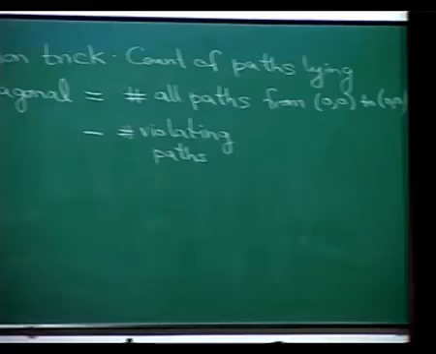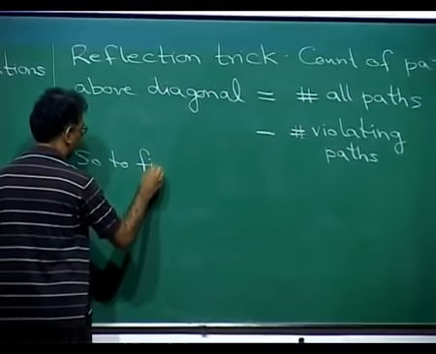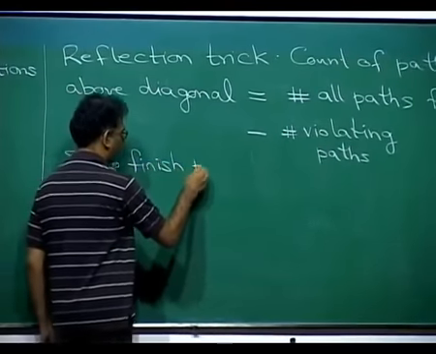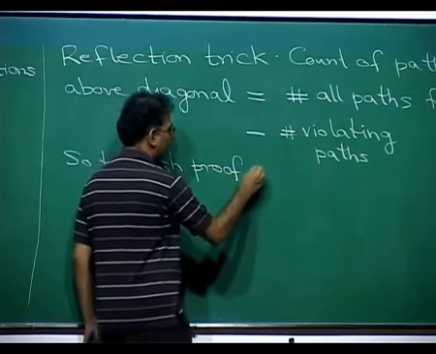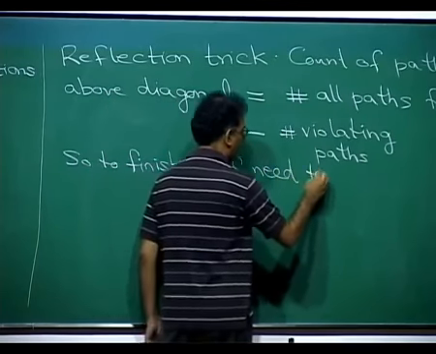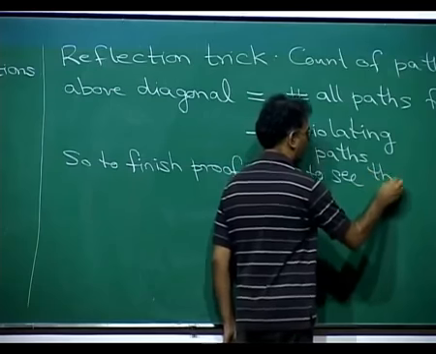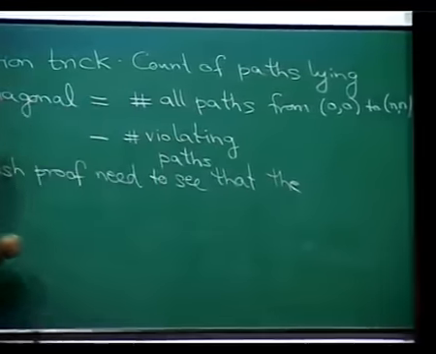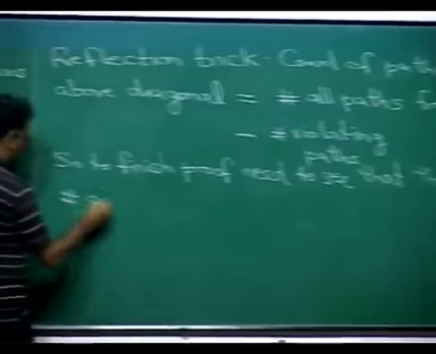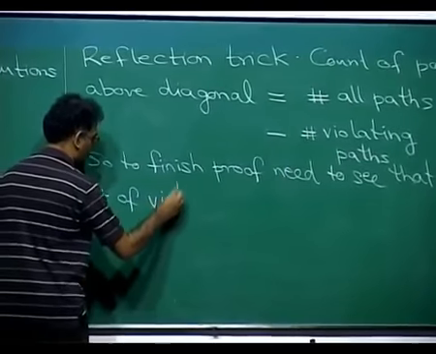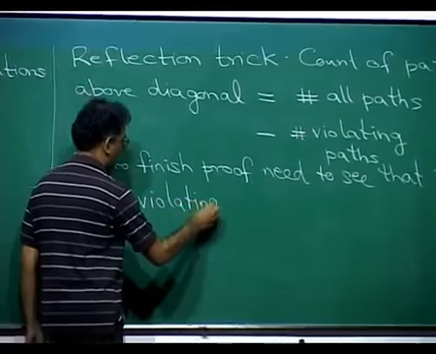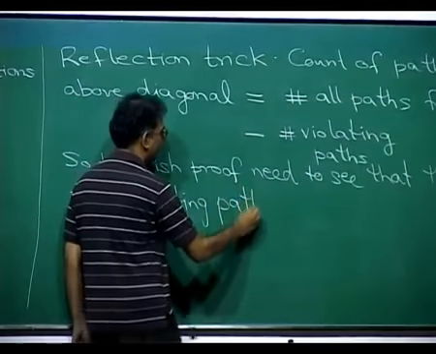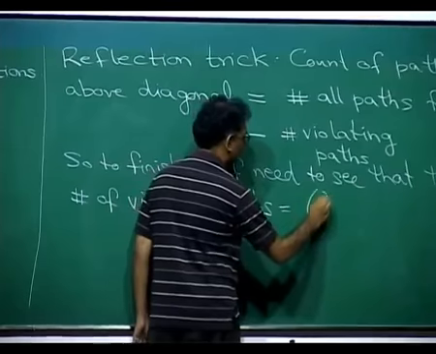So to finish the proof, we need to see that the number of violating paths is exactly given by 2n choose n minus 1.